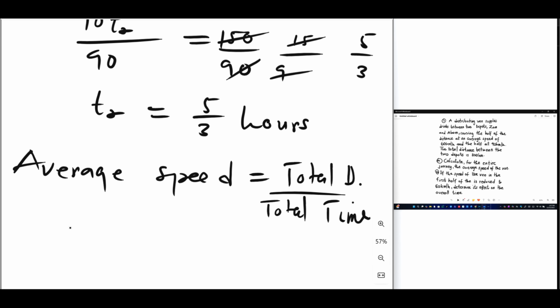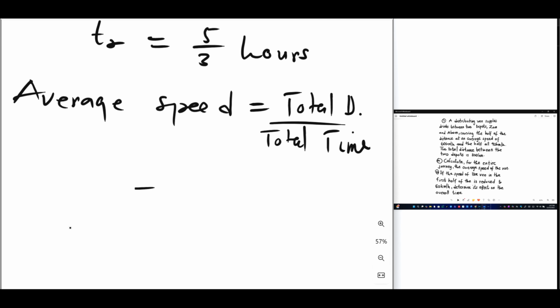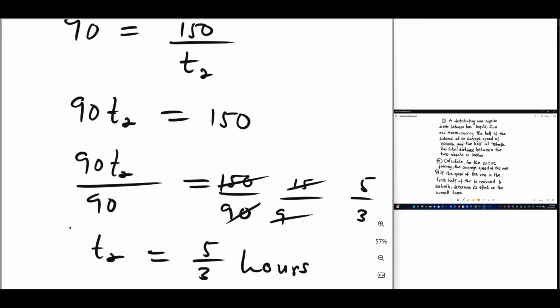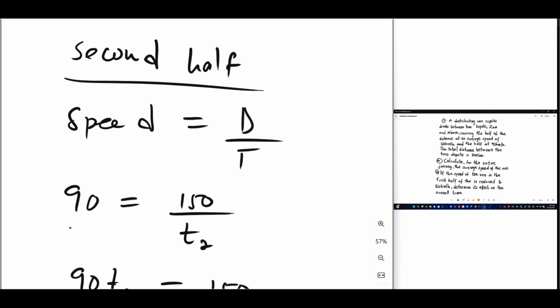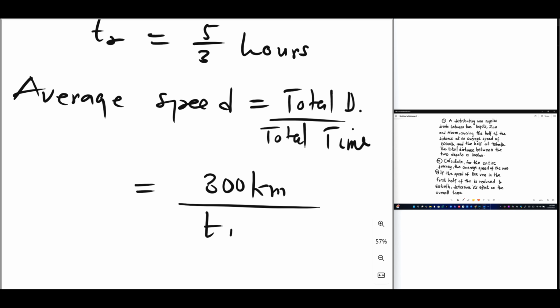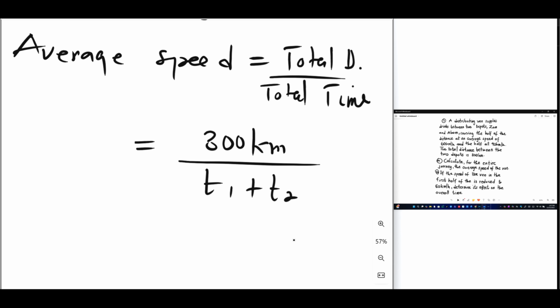Our total distance is still the same, 300 kilometers. We were given the distance between Zam and Abam to be 300 kilometers. Then divided by the sum of the two times taken, so it's going to be divided by t1 plus t2.